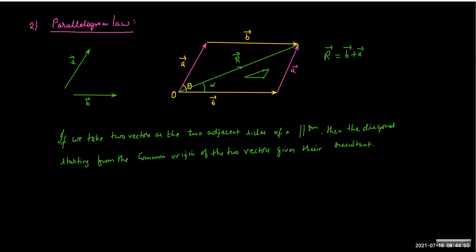Now this is the lower triangle. What about the upper triangle? So where do you begin? Also A plus B. So you begin with A actually, and then you end up at B.